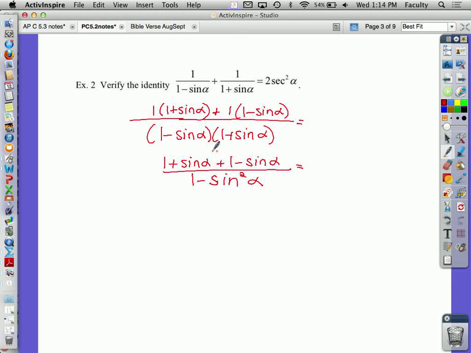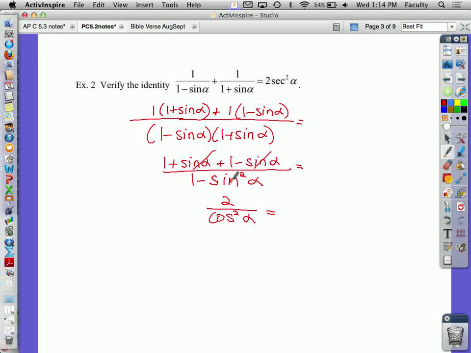So the point that I'm trying to make is, first of all, don't do it, and second, do you see that, okay, those cancel, that's fine. So from here, don't jump to 2 secant squared alpha, because I won't know that you knew that 1 over cosine squared was secant squared, okay?